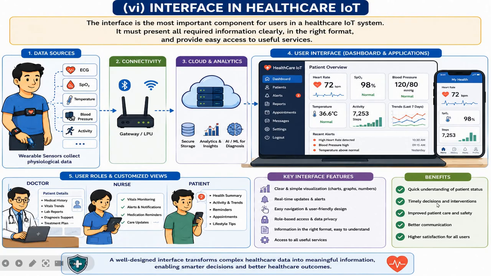You can see some benefits also, that is a quick understanding of patient status, timely decisions and interventions, improved patient care and safety, better communication, and higher satisfaction for all the users. So here the interface is a crucial component of the healthcare IoT because it transforms complex healthcare data into meaningful, understandable, and actionable information, enabling better healthcare management and improved patient outcomes.